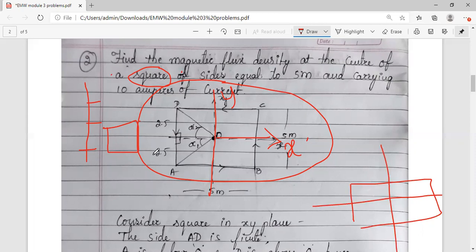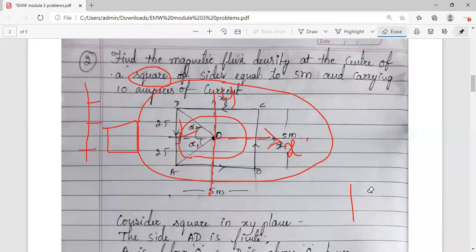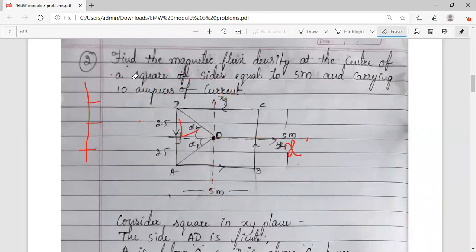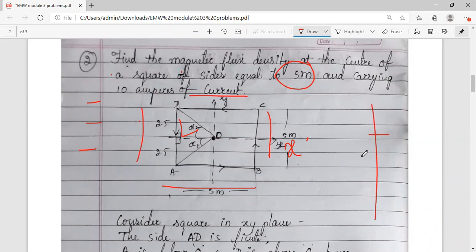They have given us 10 amperes. In which direction current is flowing is not given. So I'm assuming, you can see I have assumed an anti-clockwise direction. You can choose your own directions, you are free to choose, it is not specified in the problem. One more data is given to you, 5 meters. That is the length of each side of this square. Actually the conductor is straight, folded in the form of a square.